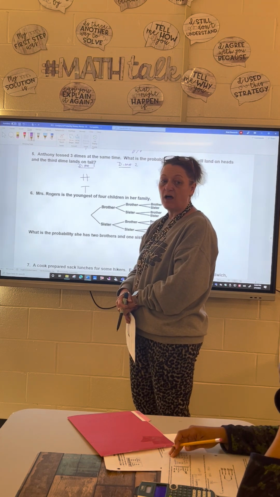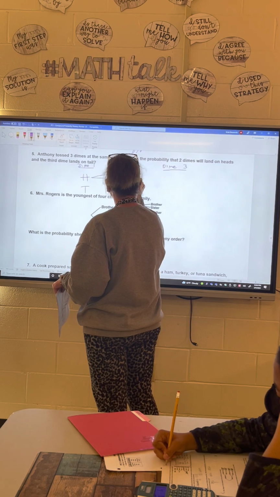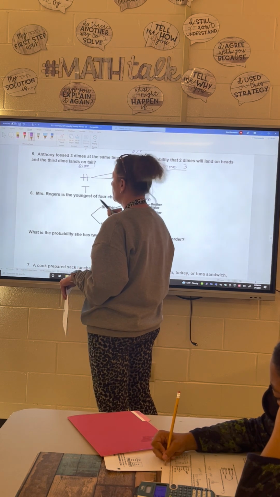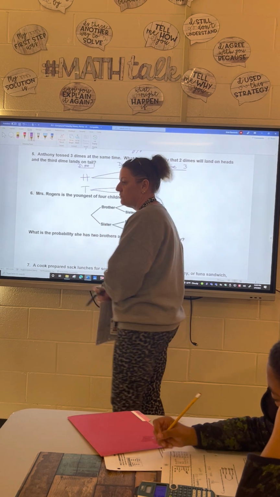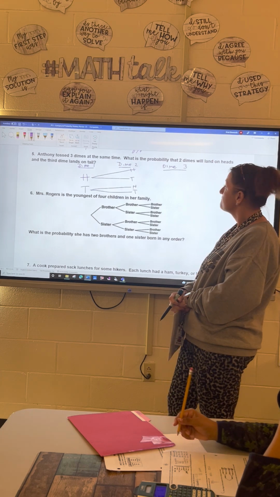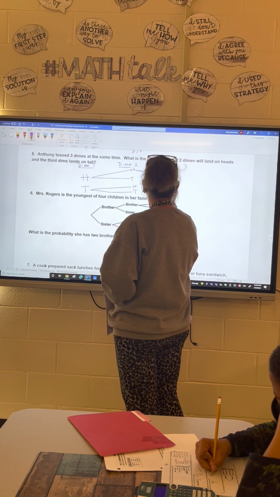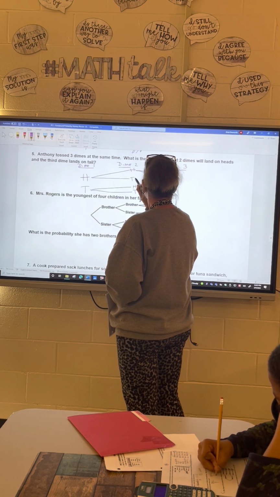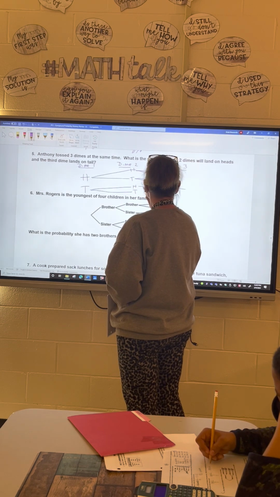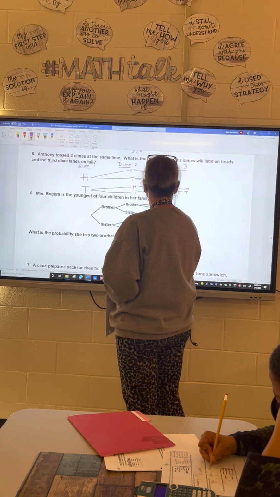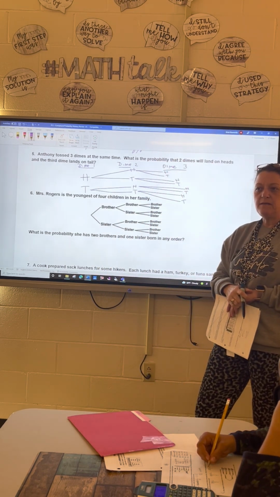If I get heads on the first one, dime 2 could give me a heads or a tails. If I get tails, dime 2 could give me a heads or a tails. Right? Dime 3 can give me a heads or a tails. You see what's happening?